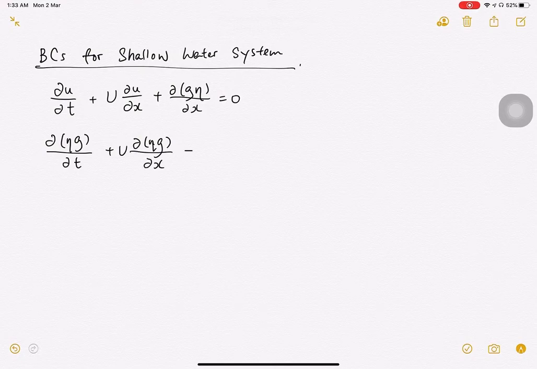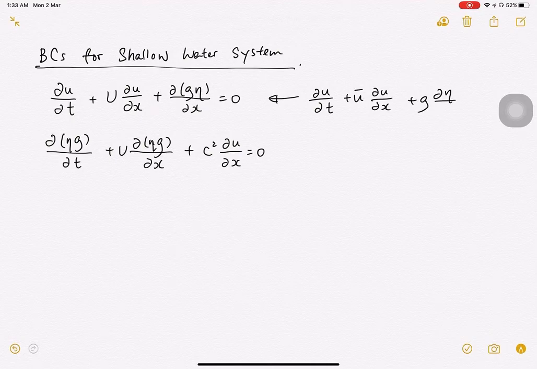So eta is the wave height. If you already forgot what the variables are, you should refer to lecture 6. Okay, so this is originally this one, and this is originally this one.